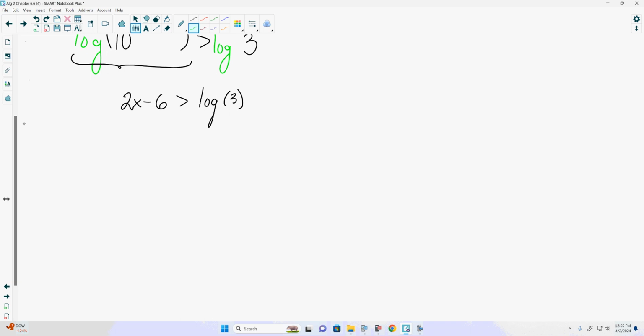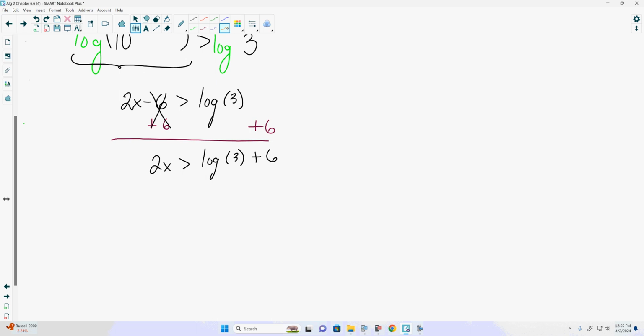And all the ones we've done so far, this has been it. But is x by itself? No, so we just need to solve for x. Our first step would be to add 6 to both sides. Negative 6 plus 6 is 0, telling us 2x is greater than log of 3 plus 6.